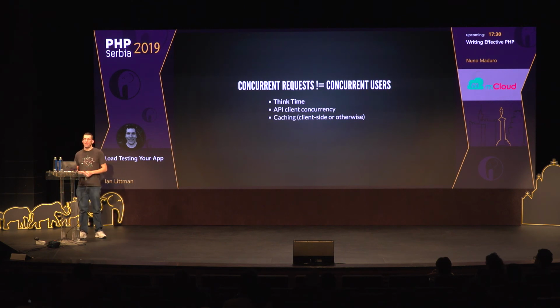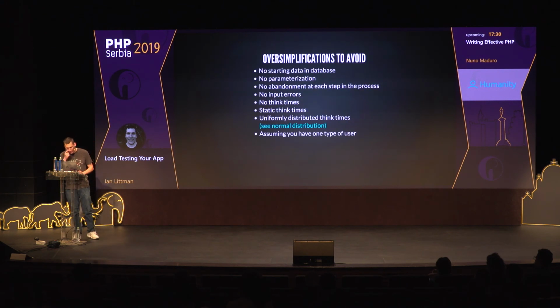Again, we're getting into the realm of application optimization there, but just keep in mind that concurrent requests do not necessarily equal concurrent users, and that's why this concept of a virtual user, where you can actually step through a flow, is so important.